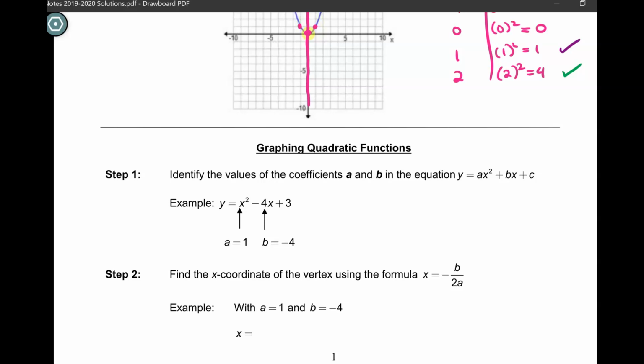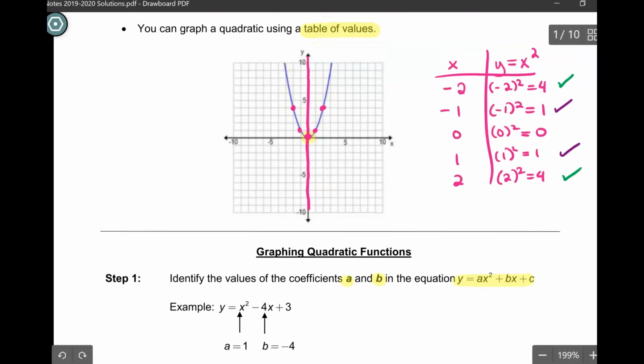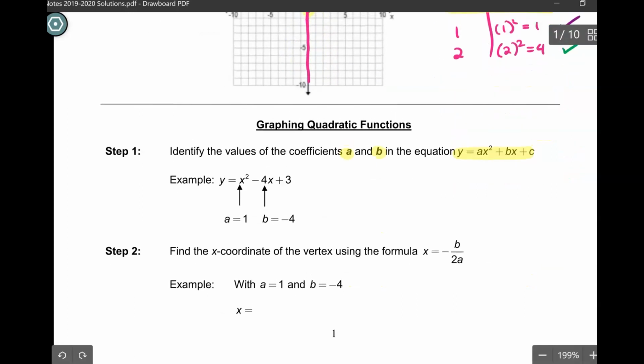So graphing quadratic functions. I'm going to take you step by step, and then we'll do some examples. First thing, I want you to identify the values of the coefficients a and b in the equation, because what we want to do is figure out what is the vertex. What is that middle point? That's going to be key.